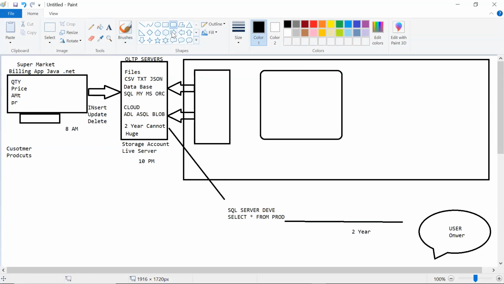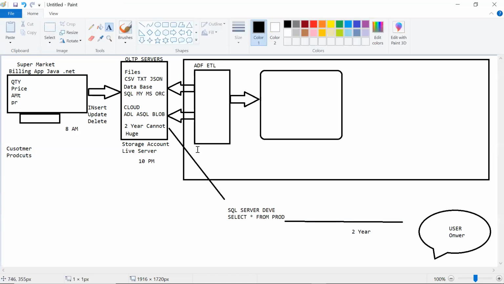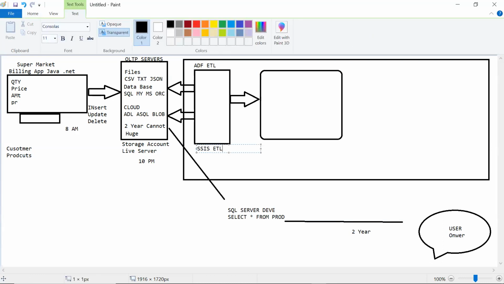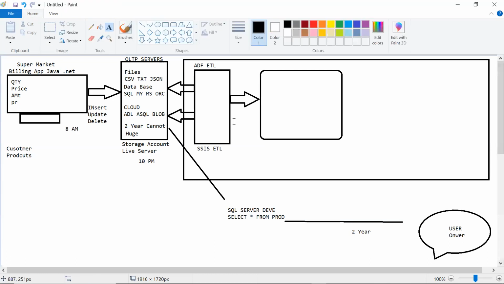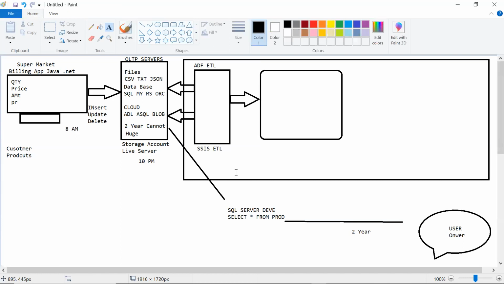Whatever the format, we extract it using a tool called Azure Data Factory, ETL. Or on-premises, there is a beautiful tool called SSIS, which is still widely running in the market. Even though Data Factory is in the picture, its parent tool is SSIS.